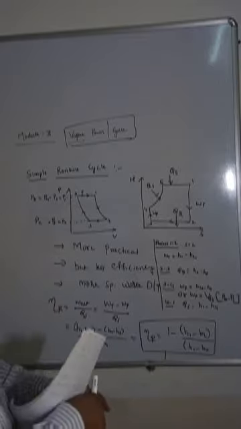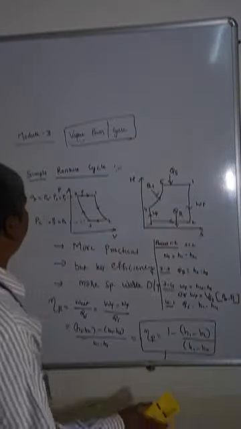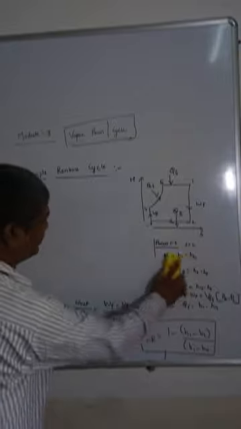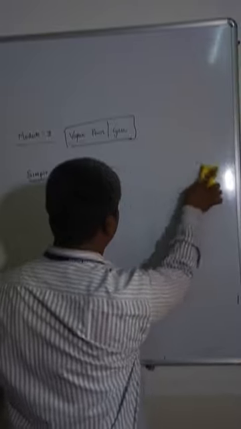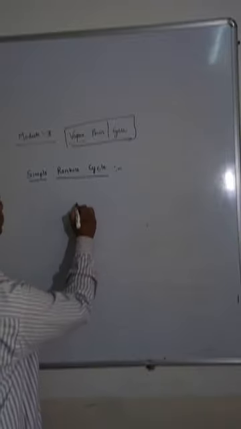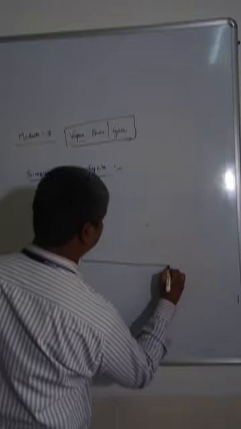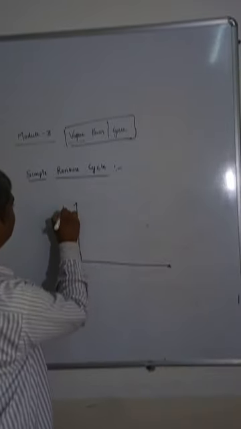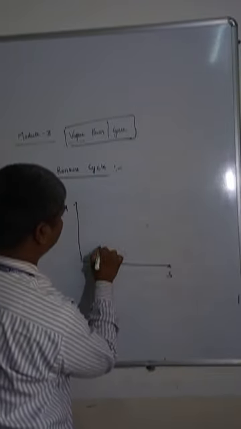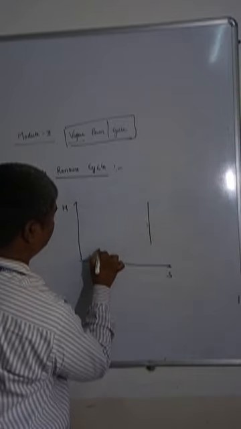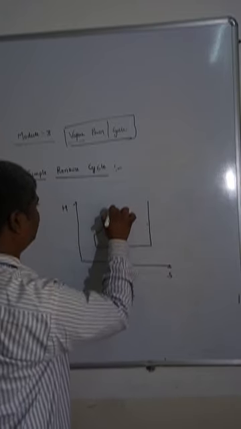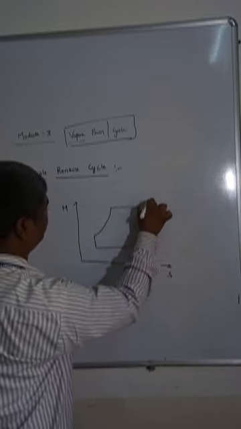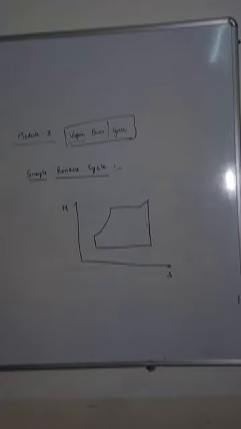So now we have one small point, I will go for that. That point is the Rankine cycle with superheating. Right.